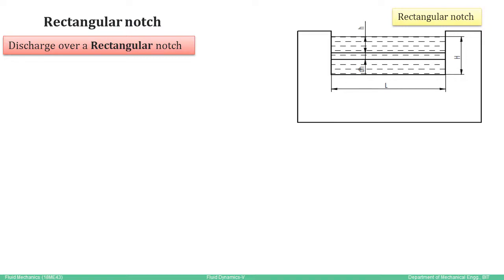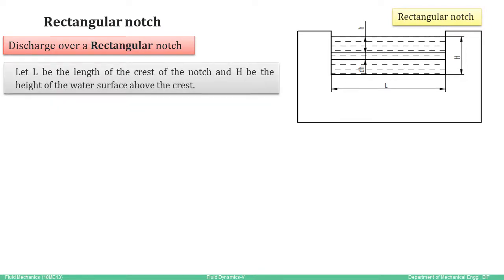In the sketch, because of the shape, it is considered a rectangular notch, and you can see the flow, the total height over the crest point is H. The length L is also called the width of the notch, and H is the height of the water surface above the crest point.